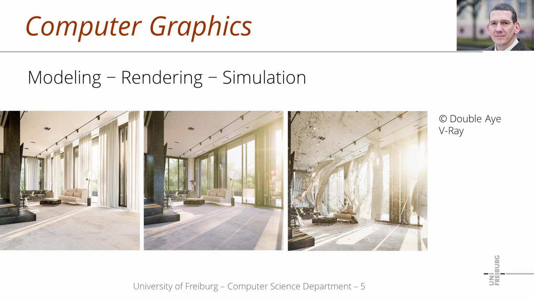Once you have a digital representation of a scene, you can render a scene for different settings. So for instance, it's rather easy to change objects in a scene, or you can remove or add objects in a scene. You can change reflection properties of elements in a scene, or you can change the illumination setting in a scene. For instance, you could render this room in the morning, or you could render this room in the evening.